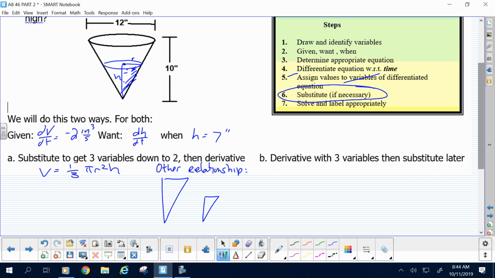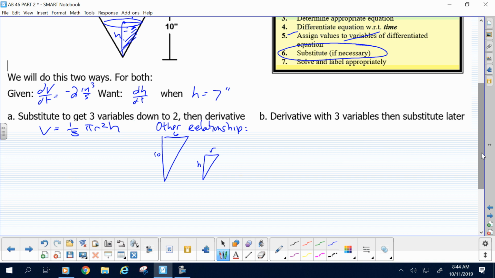So the ratio of the radius to the height should always be consistent with the cup shape. 12 to 10? 6 to 10. Do you agree? Because it's got to be the radius we're talking. You follow? Okay. So by that, I could say that R is to 6, as H is to 10.